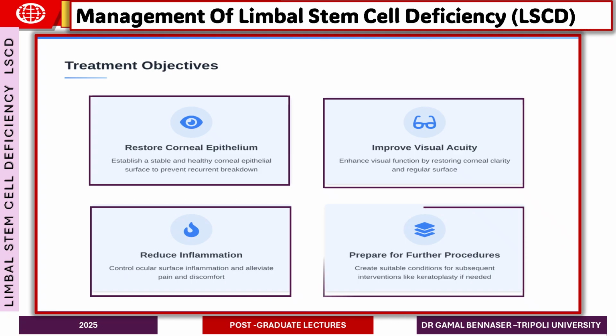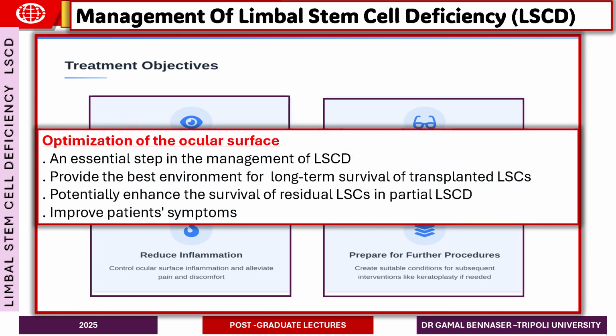And then at the end, after finishing all these preparations, we are ready for any further surgical interventions. So it is very important to optimize the ocular surface of the eye, so that we make the situation and the environment suitable for any further management in the form of limbal stem cell transplantation.